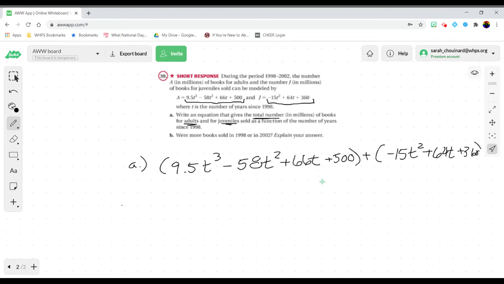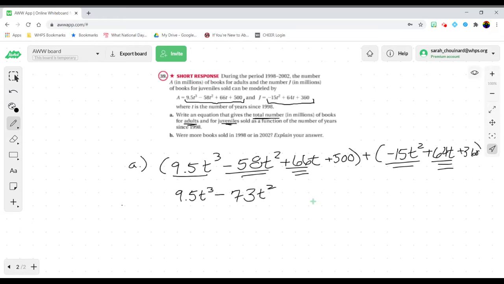So now all we do is add. So we're going to combine like terms. This is my only t cubed term. Then I have negative 58t squared and negative 15t squared. So that's going to give me a total of 73t squared.